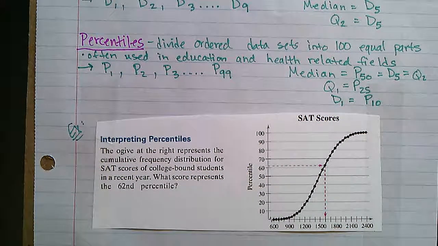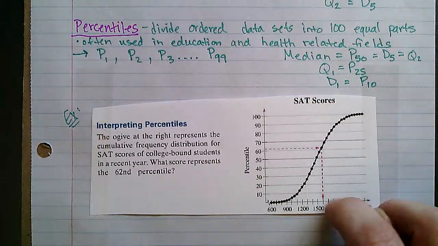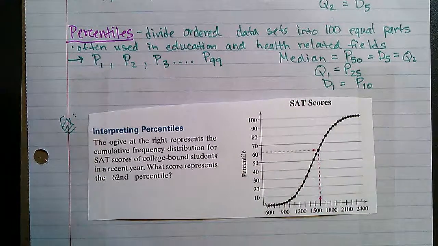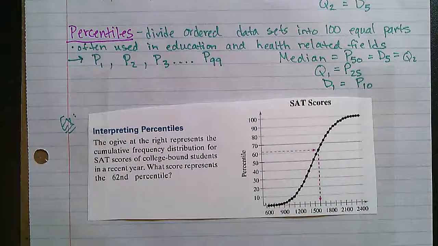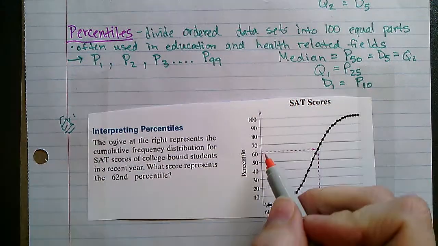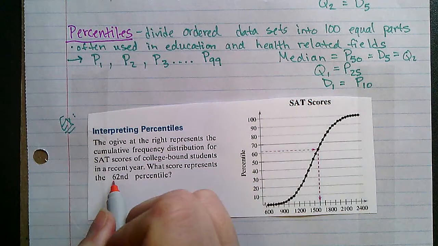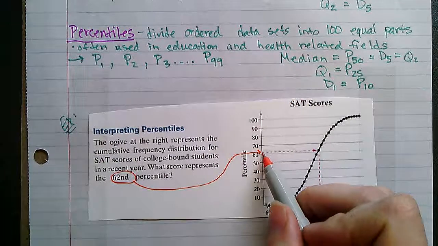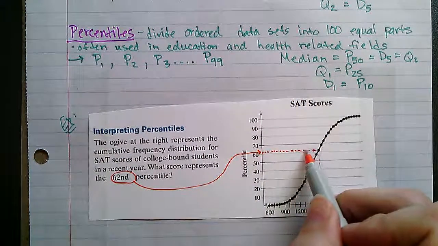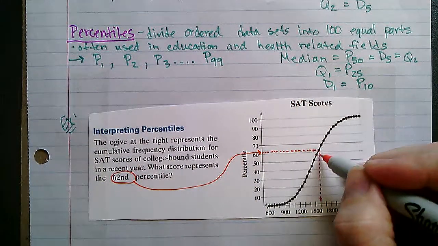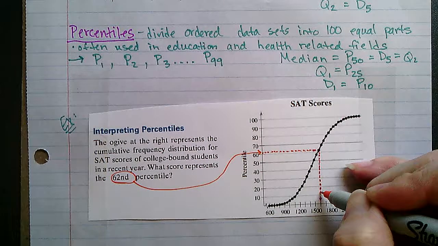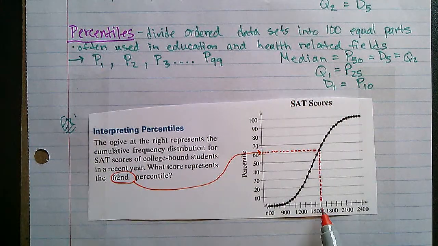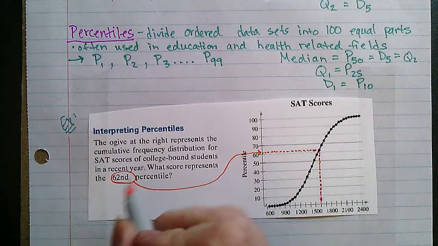They want to know what score represents the 62nd percentile. So they've given you a helpful hint here that we would look at the 62nd percentile. So the 62nd percentile is right here. We would follow that over to our ogive, and then follow that down to figure out our score, which would be about a 1600.